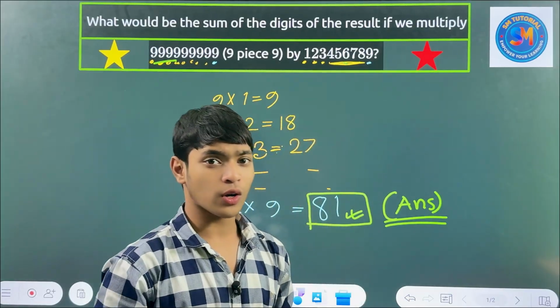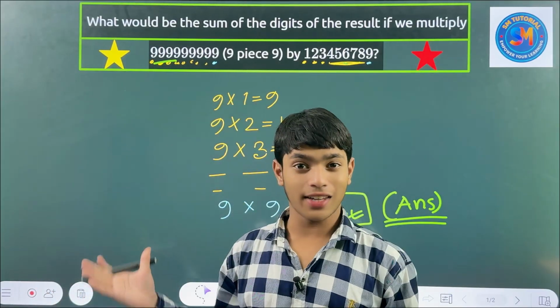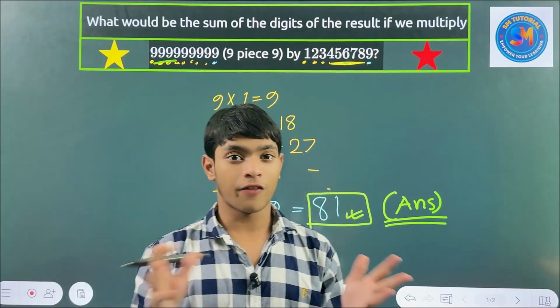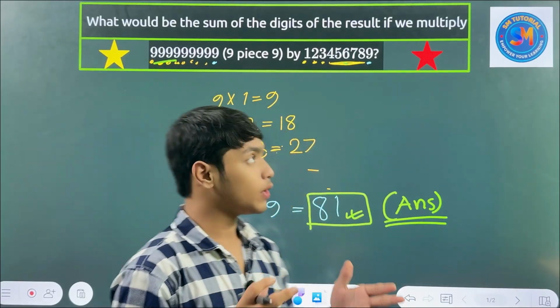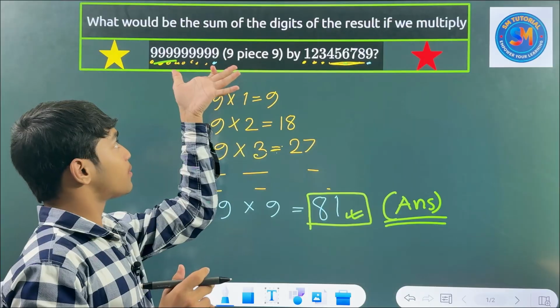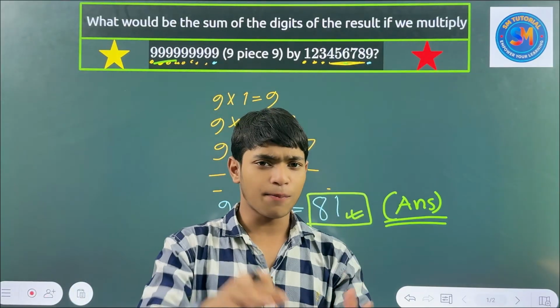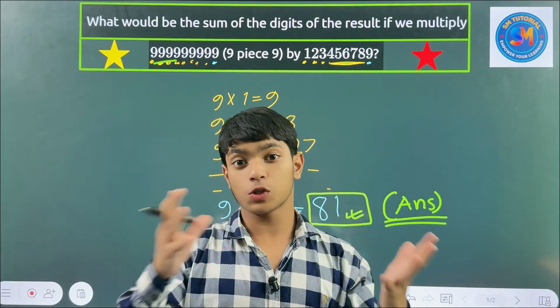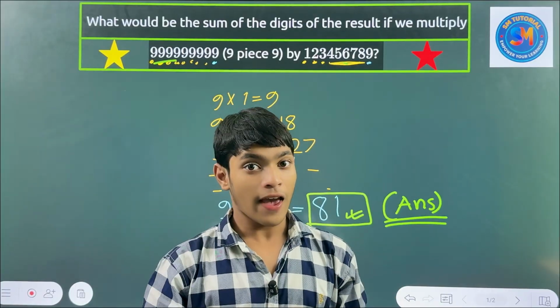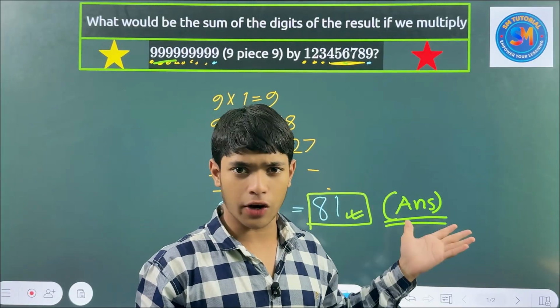Also in these problems you can try these types of patterns to solve very easily. And if you really want to multiply this number by this number, suppose you are in an exam, you have so many problems, almost 10, and this is just the first problem because it's very easy.